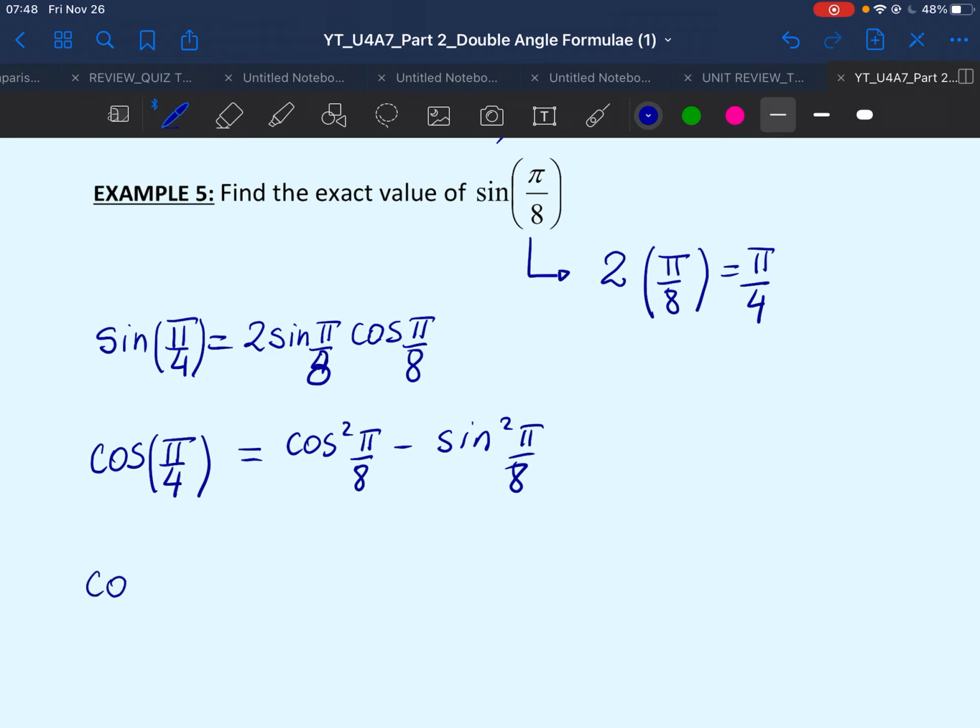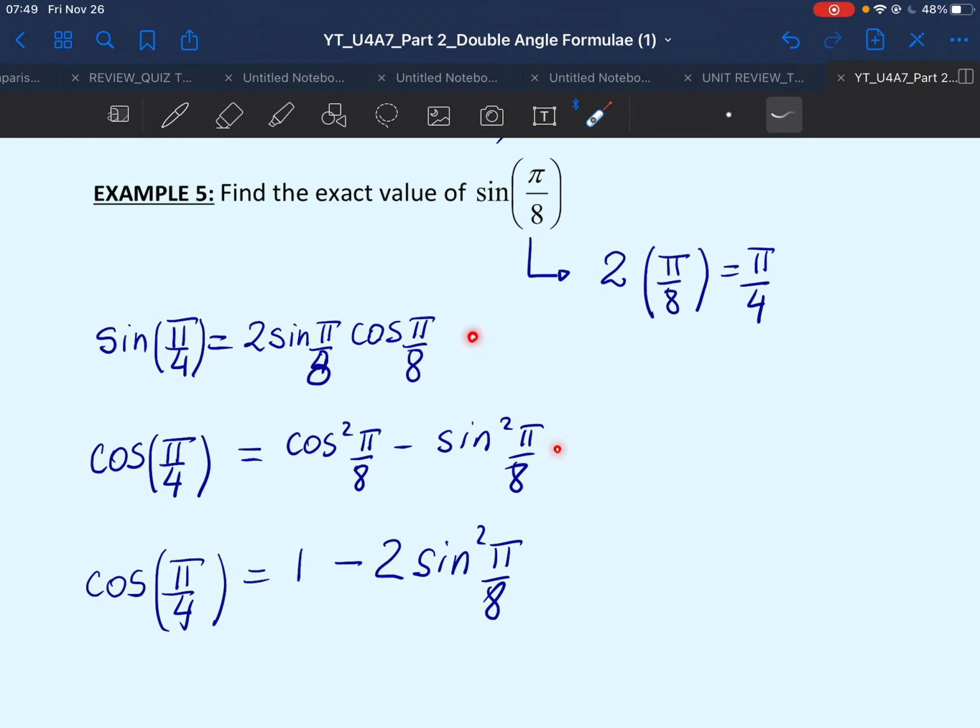And another formula that I know of that has sine and the double of this particular angle would be cos pi over 4 equals 1 minus 2 sine squared pi over 8. Okay, so these are the three formulas that I can use which involve sine pi over 8, which I'm trying to find, and the double angle of pi over 8, which is pi over 4.